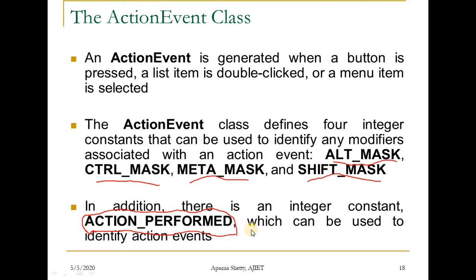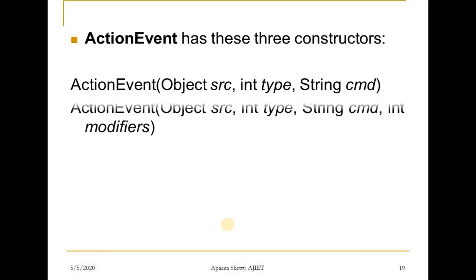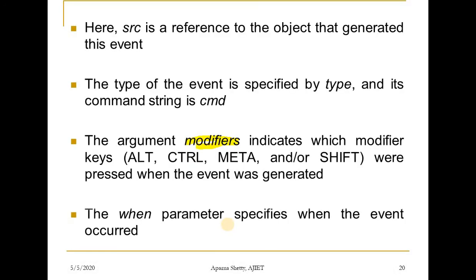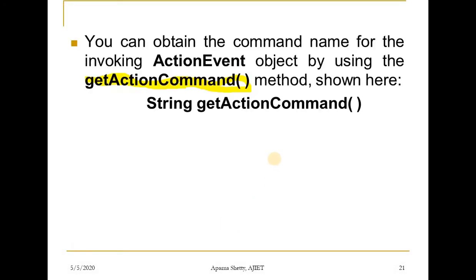Also there is one integer constant, that is ACTION_PERFORMED, which can be used to identify the action event. Finally we studied one method in the ActionEvent class, that is the getActionCommand method. So this was about the ActionEvent class.